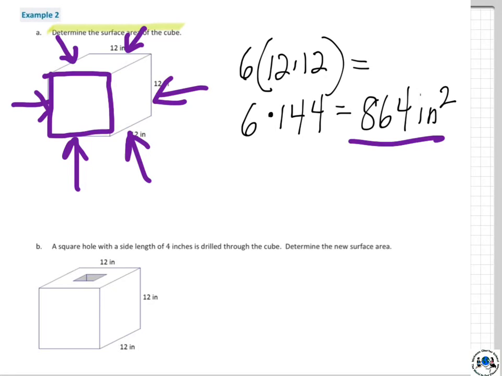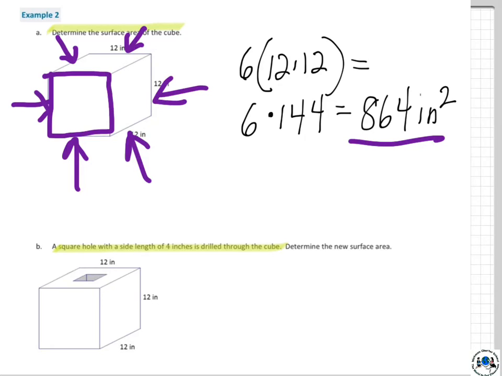What is more interesting, though, of course, is this next problem here. A square hole with a side length of 4 inches is drilled through the cube. Now, drilling a square is a bit of a task, I would say. Usually you drill round holes, so we could say jigsawed might be a more apt term, I guess.